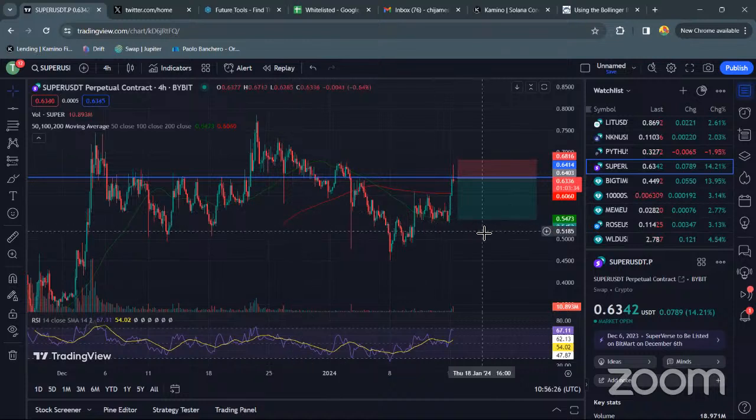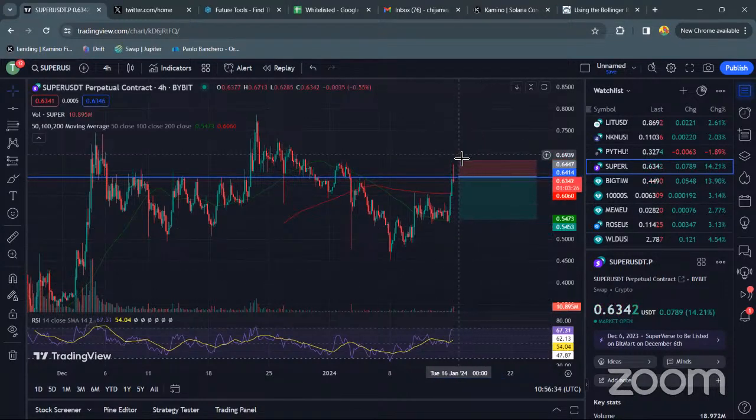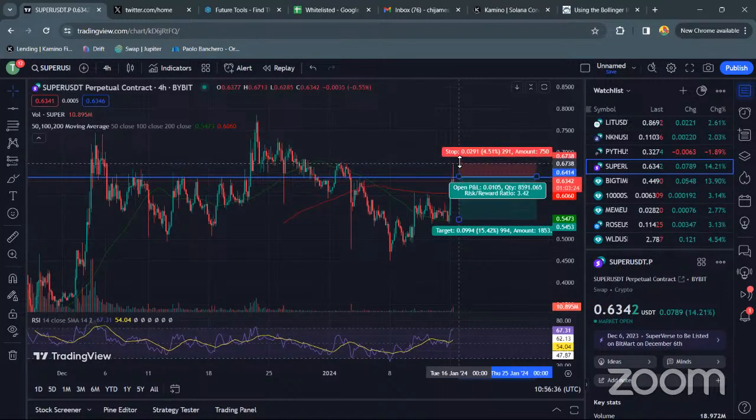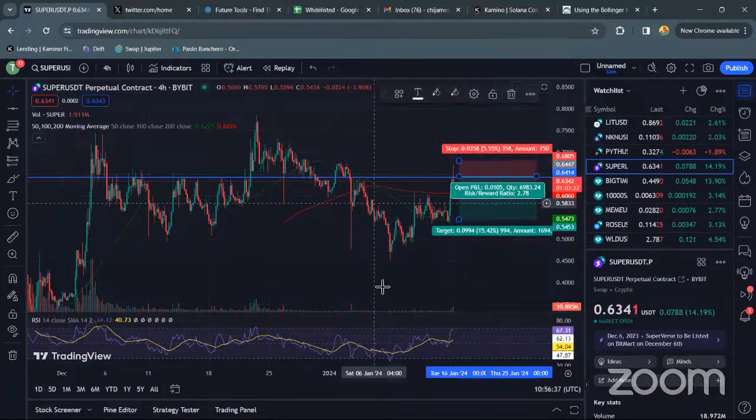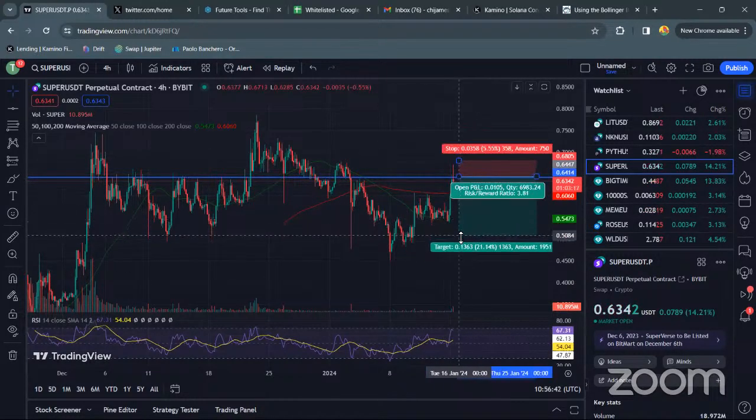So I would look to enter somewhere around here, and my stop loss would probably be just above this level. My final TP would probably be somewhere around here.